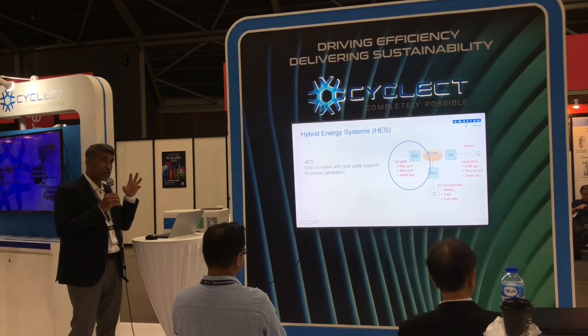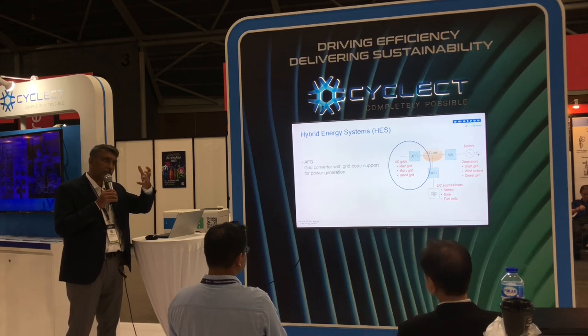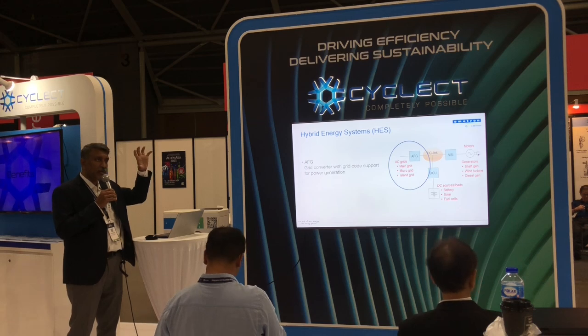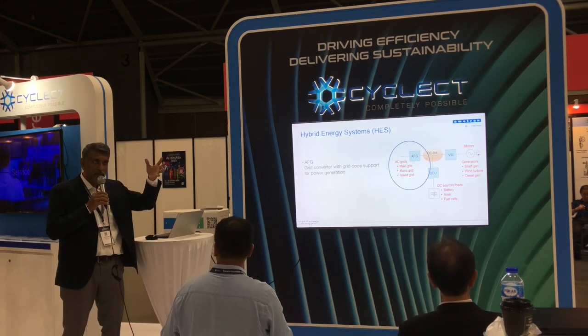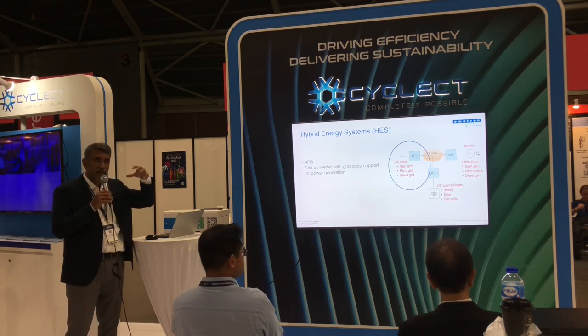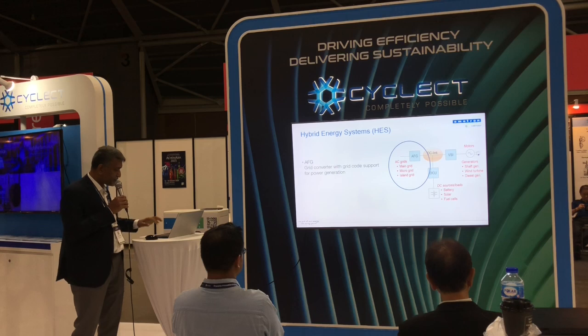Because it is connected to the grid and it is used to pump energy back to the grid. Now, when you're doing anything to the grid, you need to maintain certain grid standards. For example, when you connect to the Singapore grid, the electricity board here has certain conditions you have to fulfill. So each country has its own grid rules, and we can follow the grid rules with that product.